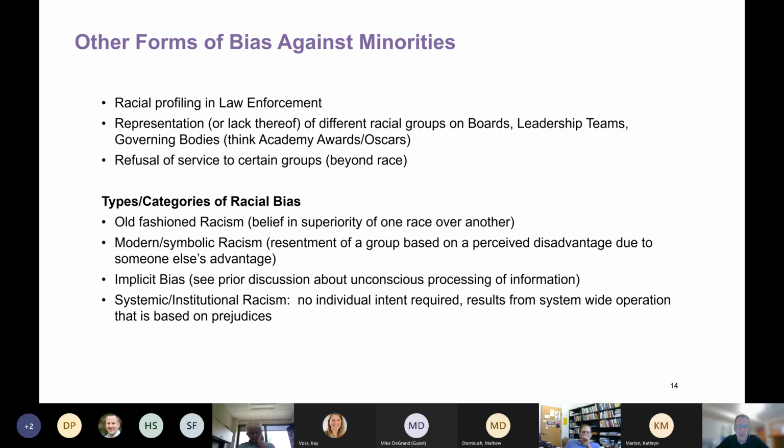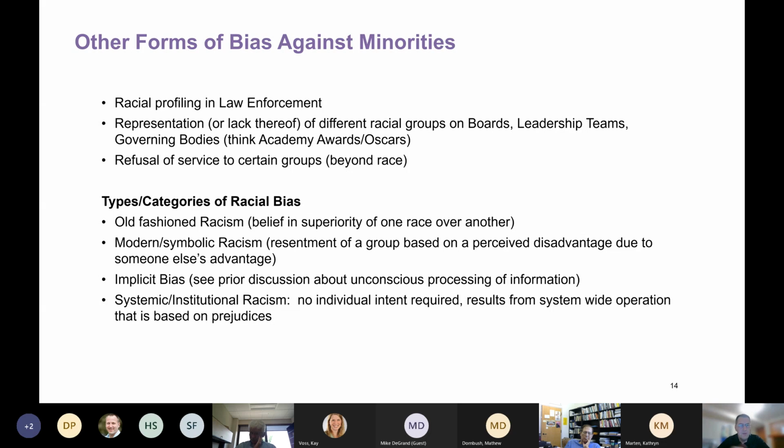The modern racism may have a slightly different root. It's supposedly based on resentment of a group based on a perceived disadvantage of, or somebody else's advantage. So if we have affirmative action and that allows for more representation of minorities, then the majority may perceive that as unfair and as a result resent the minority group for having that advantage.